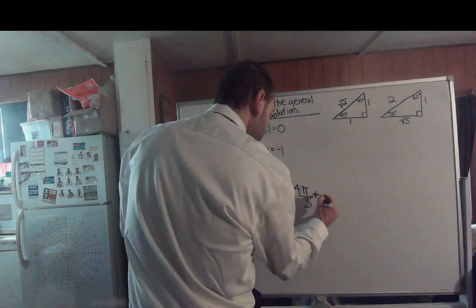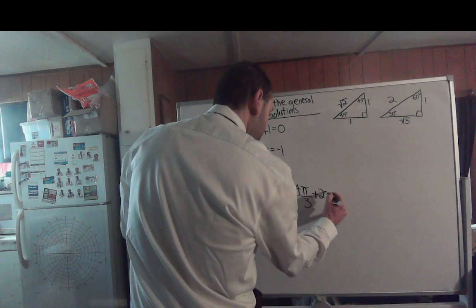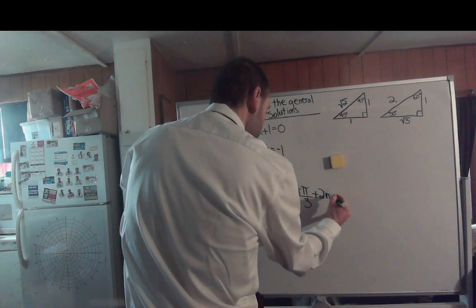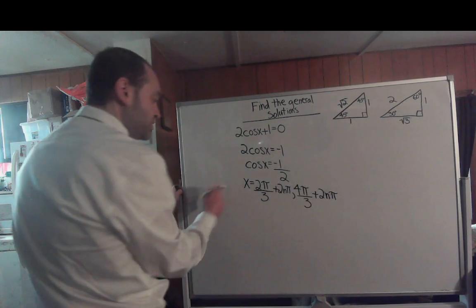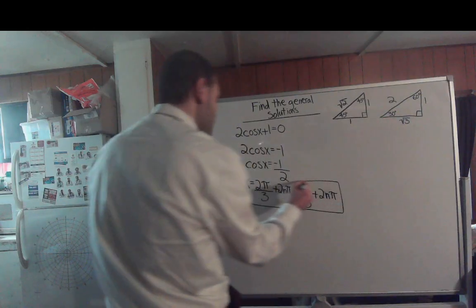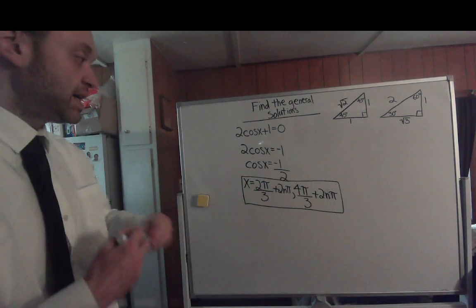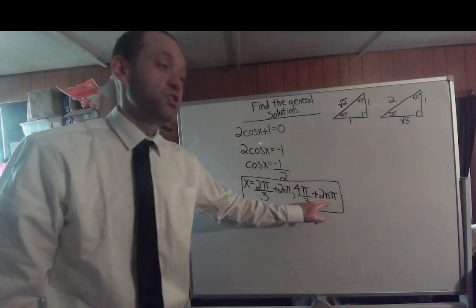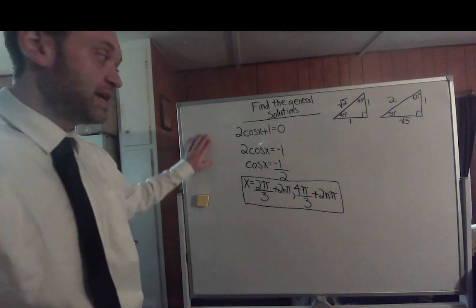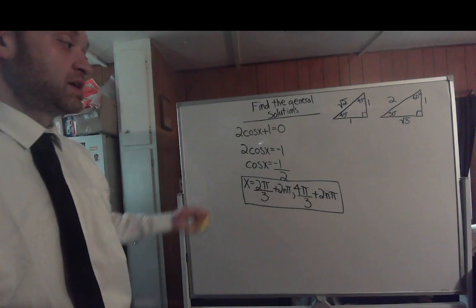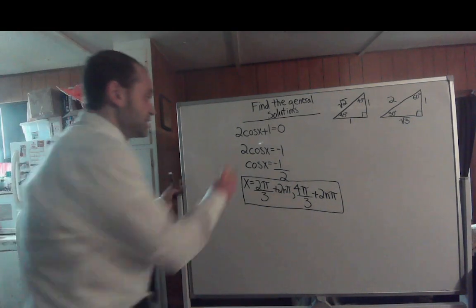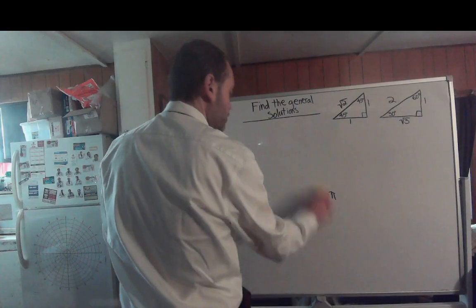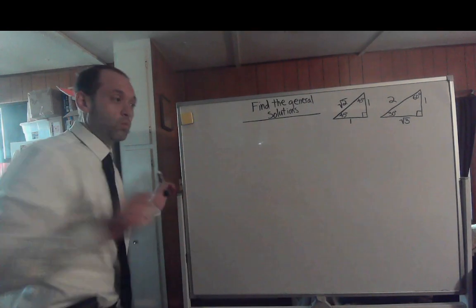And then you're going to do the exact same thing for the 4 pi over 3 for the general solution. So you have two solutions here: x equals 2 pi over 3 plus 2n pi, and 4 pi over 3 plus 2n pi. That accounts for the infinite nature of the solutions. And I got more of these. Right now, to start with, we're doing linear trigonometric functions of one function.